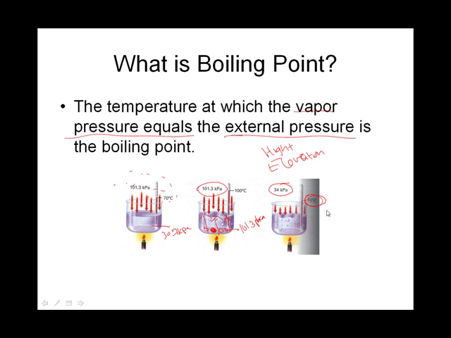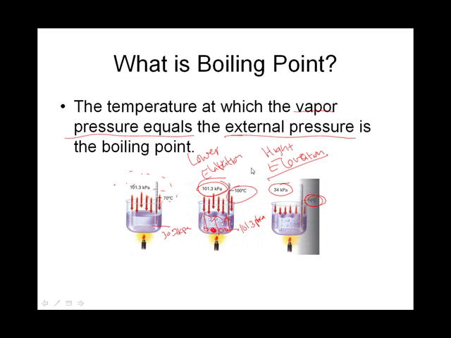So remember that at high elevation, water boils quicker, or water boils at a lower temperature, and at lower elevation, where the atmospheric pressure is higher, water has to boil at a higher temperature.